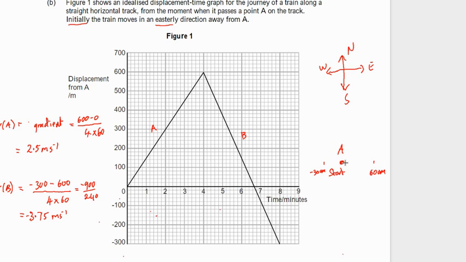So back down to your starting point. Okay, so that's your displacement. So you went from zero for the first 4 minutes to 600 meters. Then after two and 2/3 minutes, you come back to the starting point here.